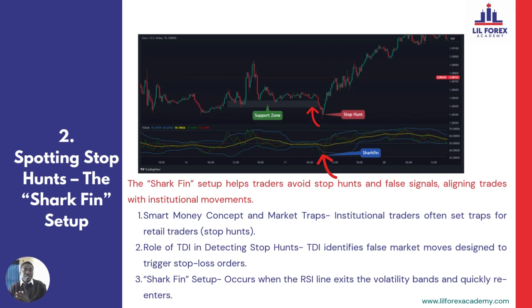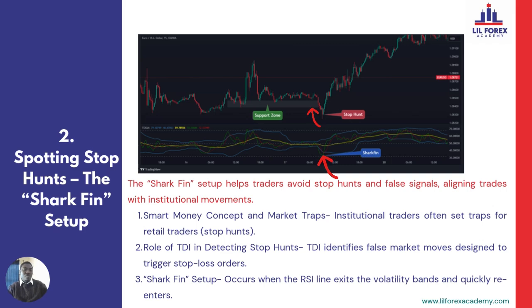So the market is on a support level and you place a buy, and they know that your stops are going to be just below the support level. They know where your stops are, so they just do a very sharp movement to stop you out of the market and then move to the upside.